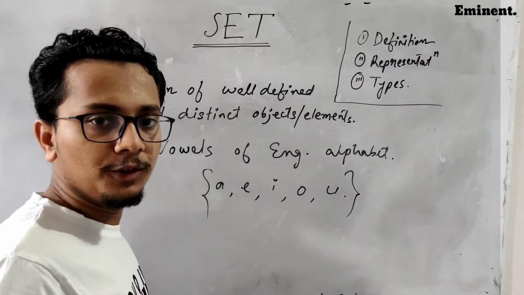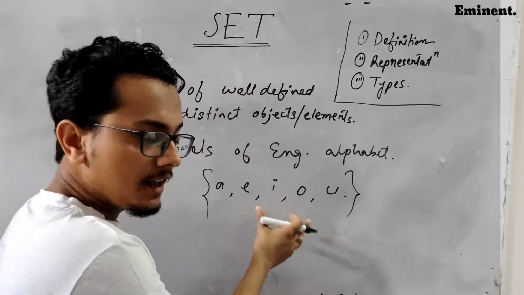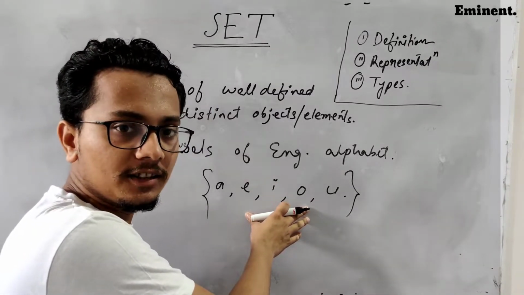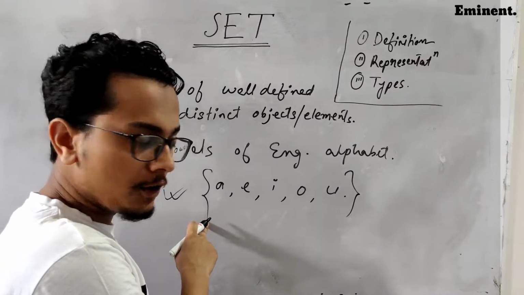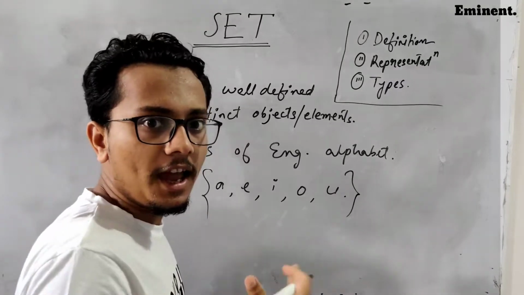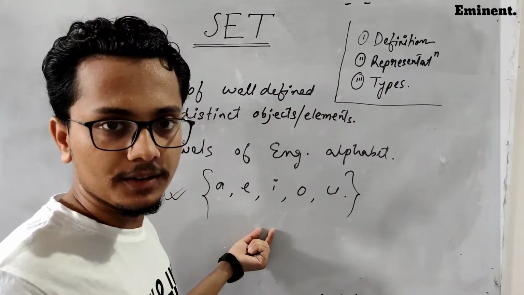Everyone will take these objects, right? That's why this is distinct and it will be a set. Here I have given one curly bracket. Why I have given the curly bracket? A little bit later I will explain this.